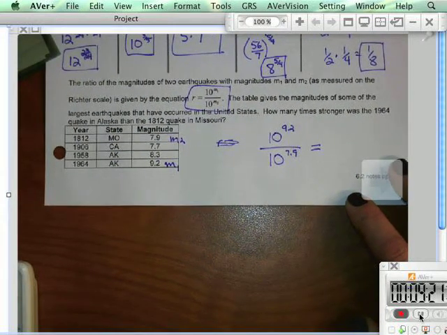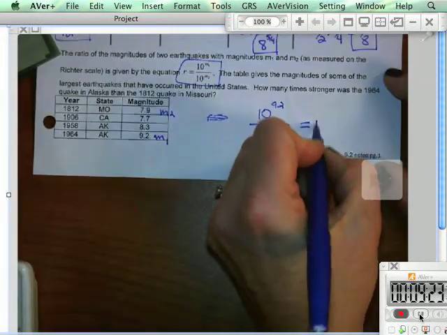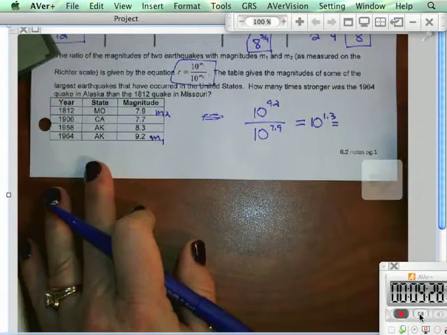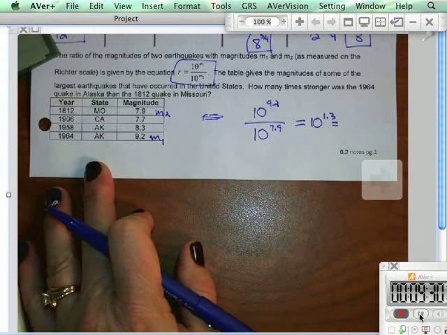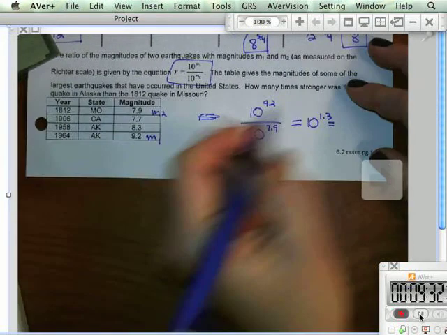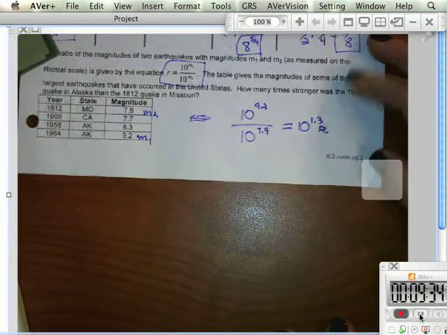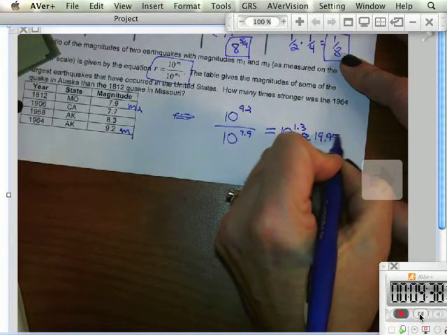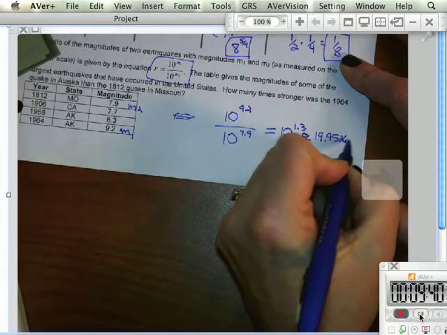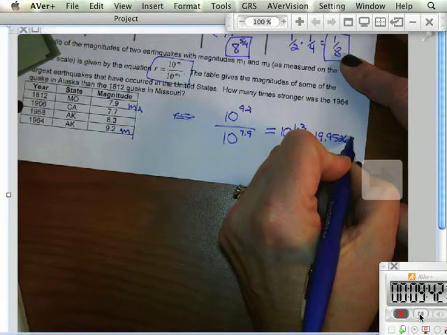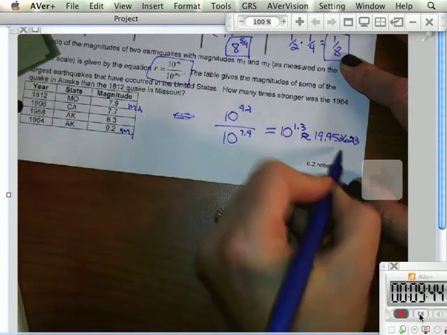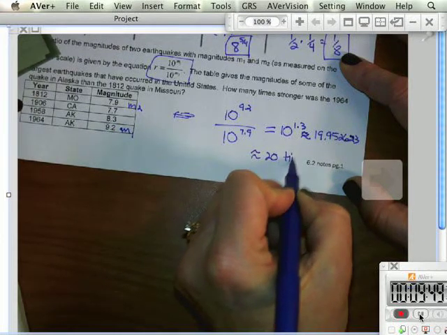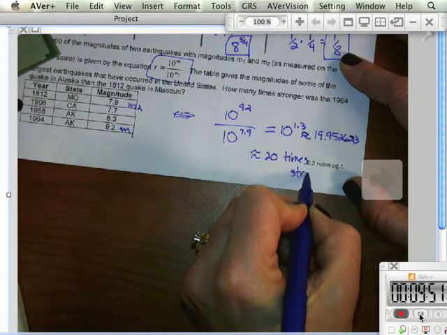Yes, you can subtract. It's 10 to the 1.3. Then you can do that on your calculator and you get this really long number, 2, 3, or whatever it is. So you would say approximately 20 times stronger. See, not that scary, even though there's a lot of words.